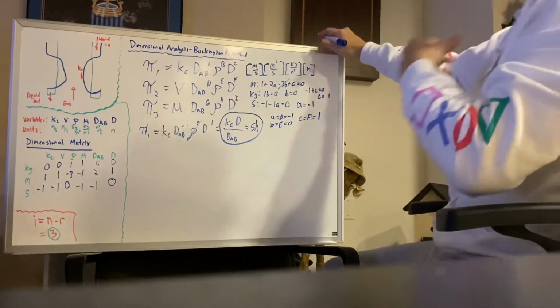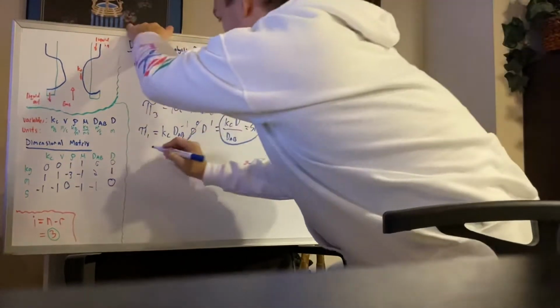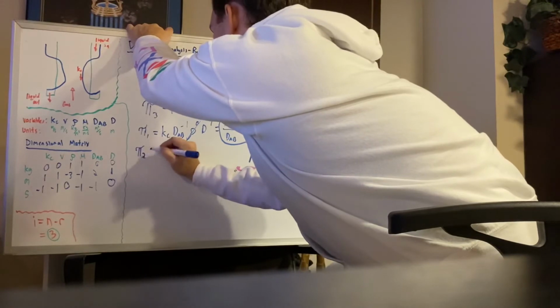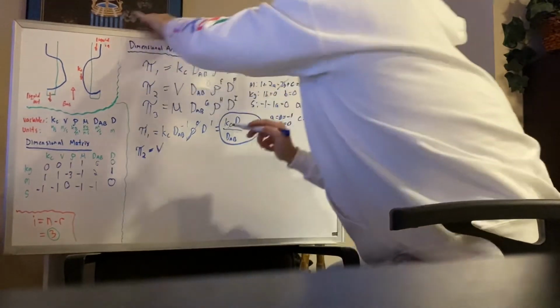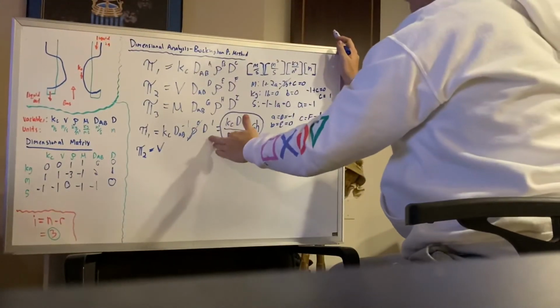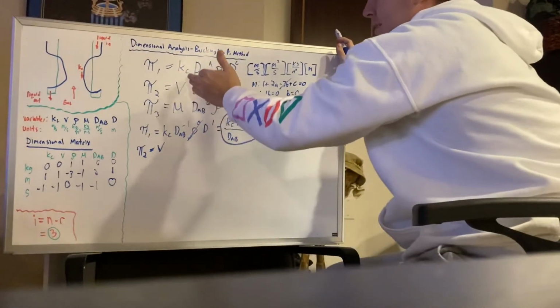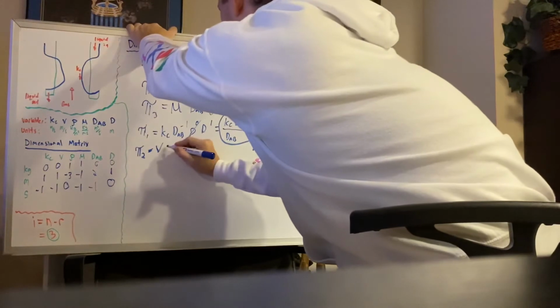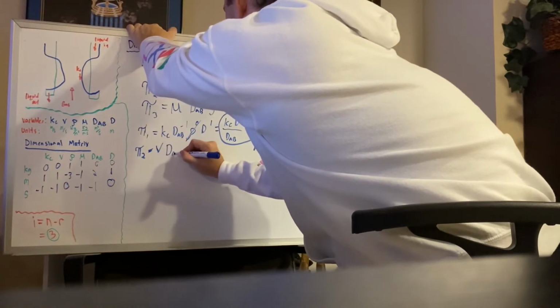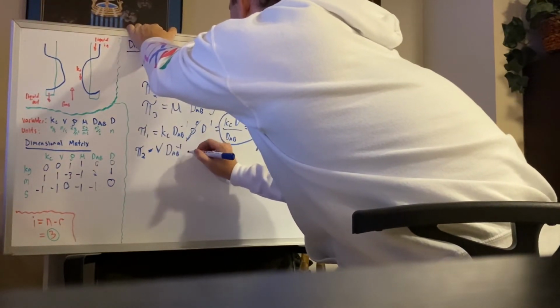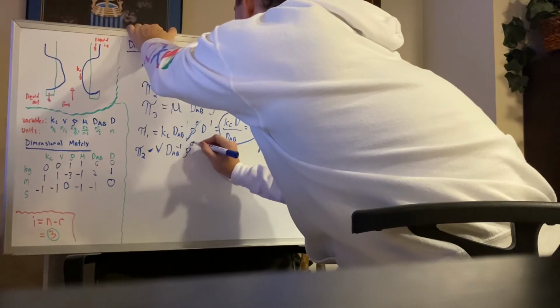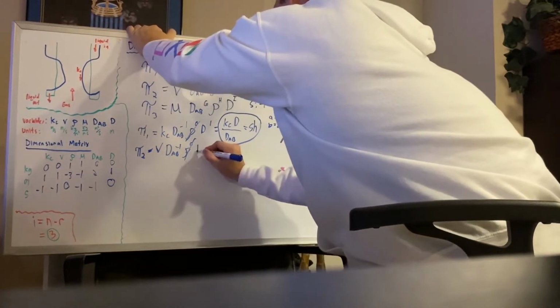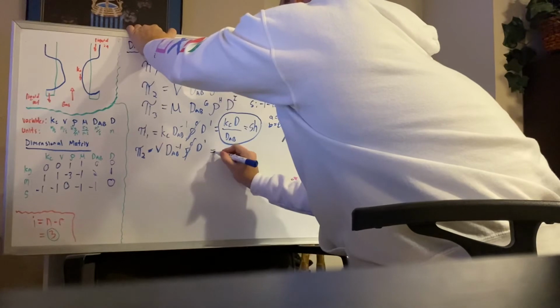And so really we can also rewrite pi2 real quick as pi2 equal to velocity. That's really the only difference between pi2 and pi1, because we're using velocity rather than the mass transfer coefficient. So it'll be velocity multiplied by dAB once again to the -1 power, density to the 0 power, that'll cancel out, and d to the 1 power, first power again.